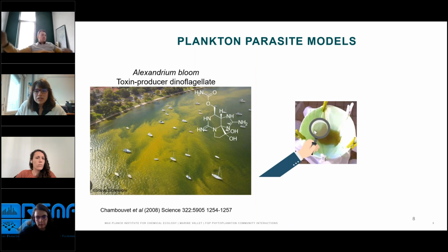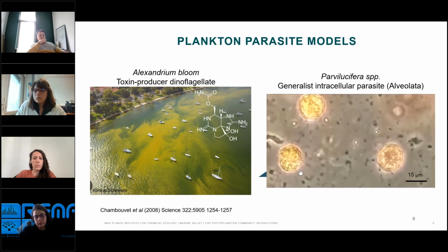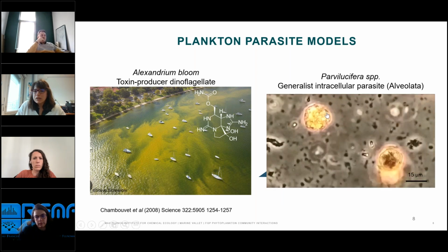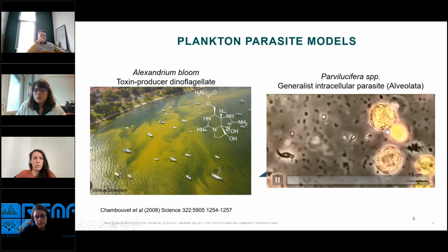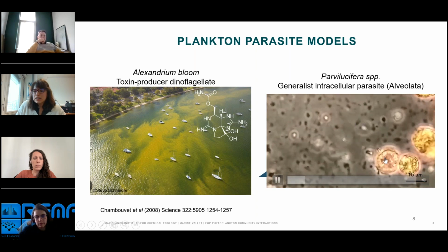And if we look more closely, sampling this bloom with a microscope, we look at the cells. We have here healthy Alexandrium swimming, but also some infected cells.